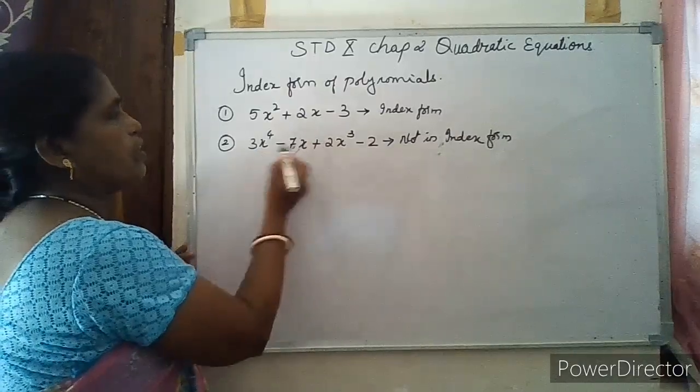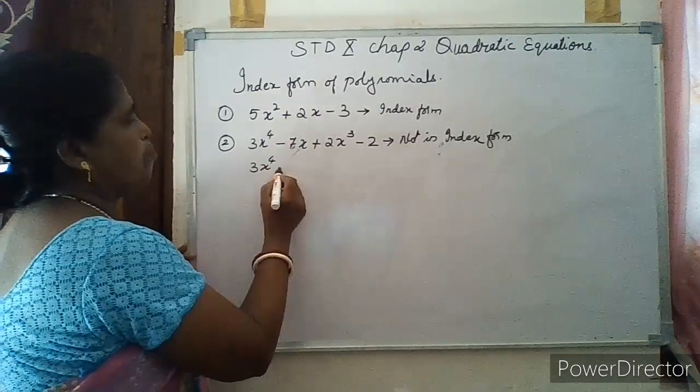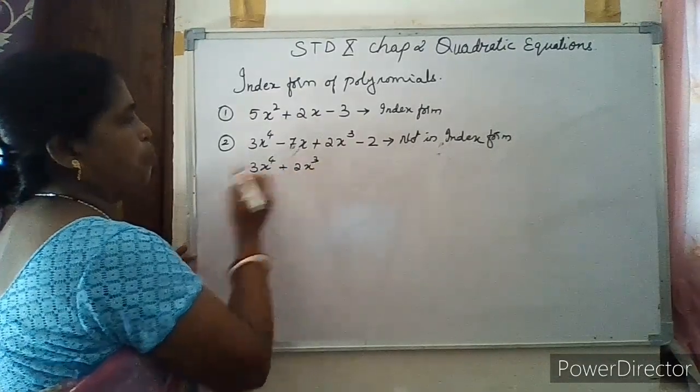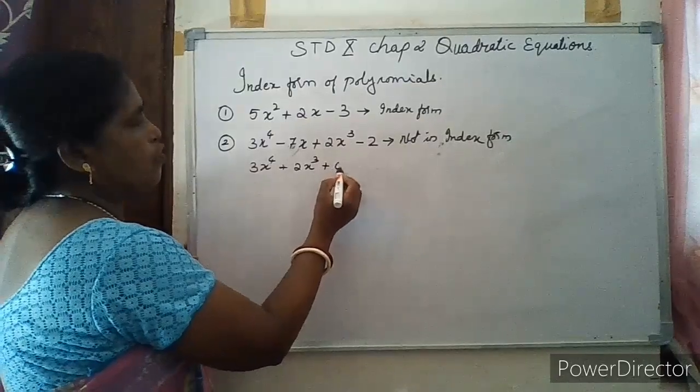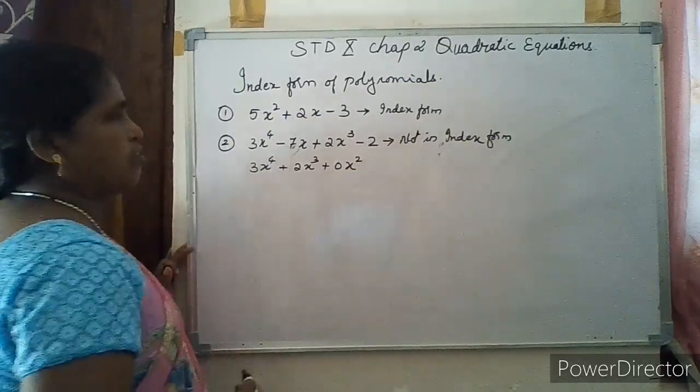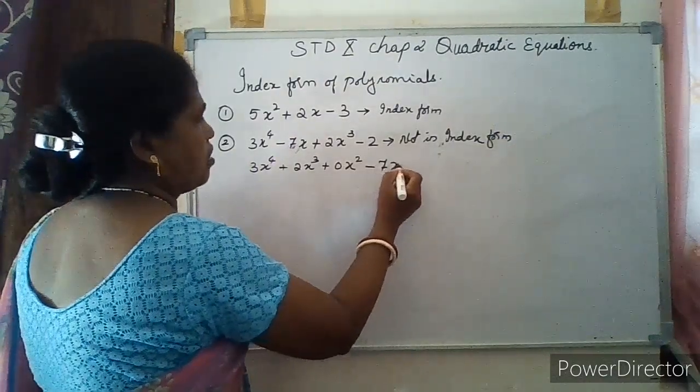The highest power is 4. So 3x raised to 4. Then plus 2x cube. Then you don't have x squared, so we can write it as 0x squared. Then with variable x, minus 7x.